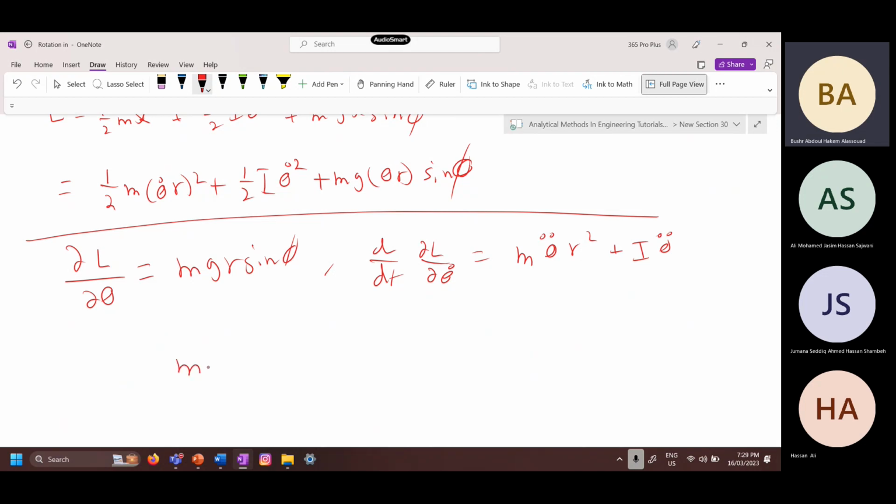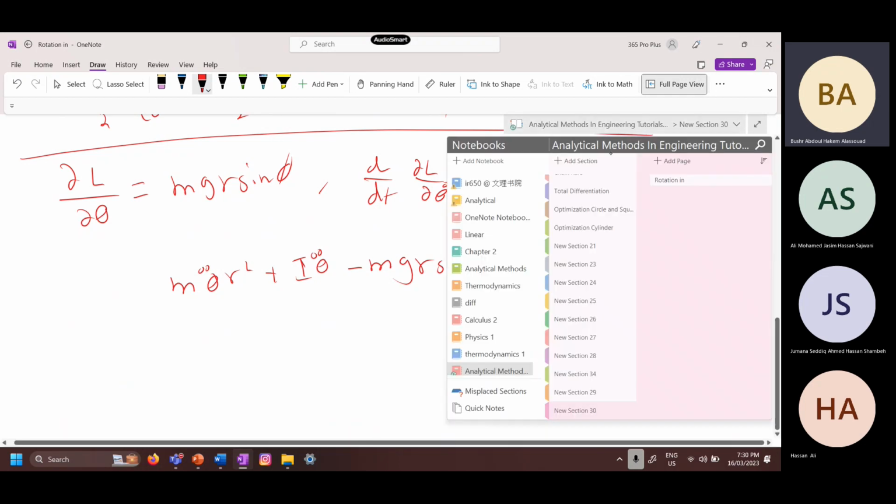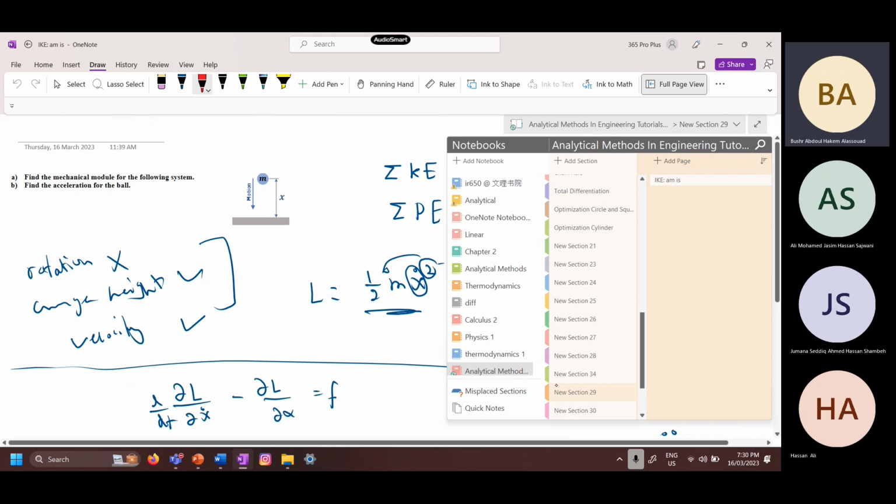Now we get m theta double dot r squared plus I theta double dot minus mg r sine phi equals, not f this time, but tau or T. Tau represents the torque, not angular force. This is the torque of this problem.